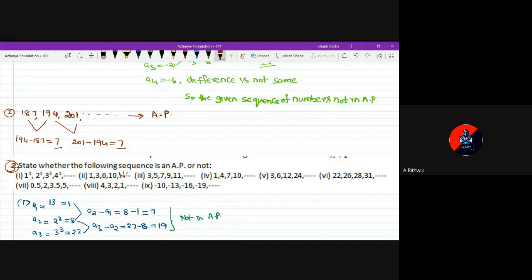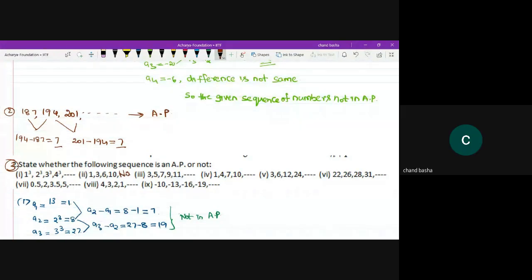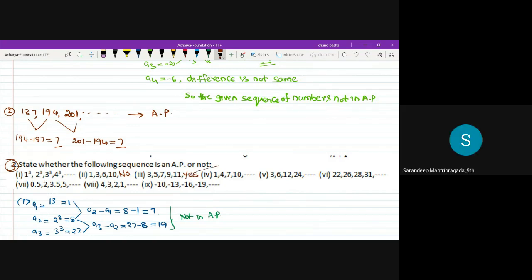Yes, right. Sarandeep, what about the third one? The third one is yes, sir. It is in arithmetic progression. Can you tell me the common difference? Common difference is 2, sir. Very good.